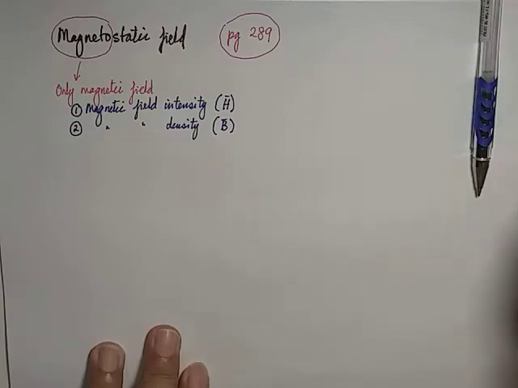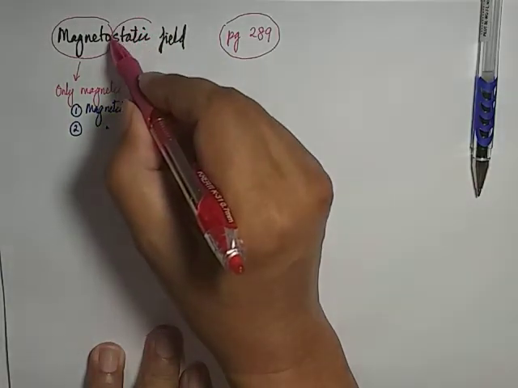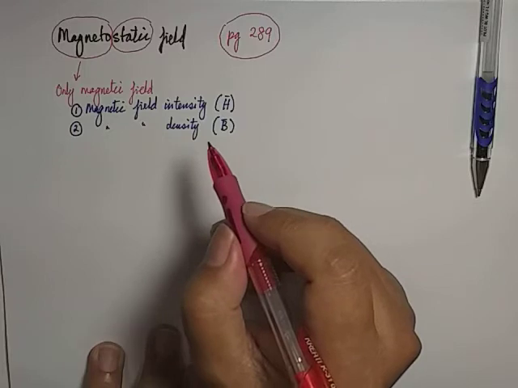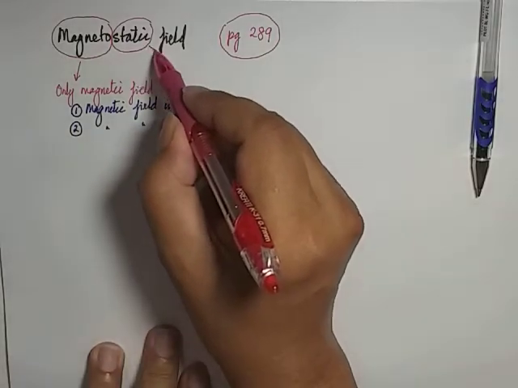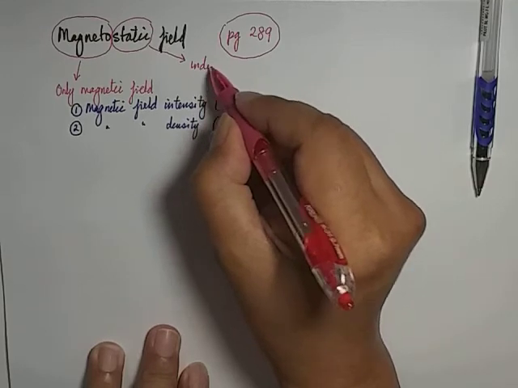And from the name magnetostatic, the static here has a meaning similar to what we interpreted in electrostatic, meaning that the field is independent of time.